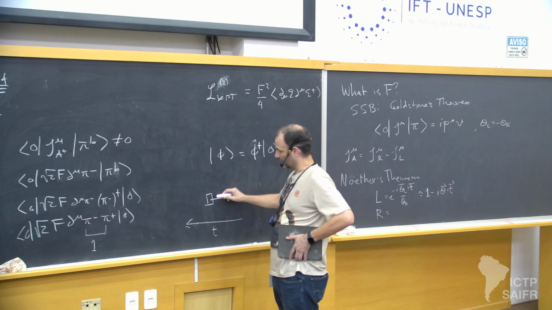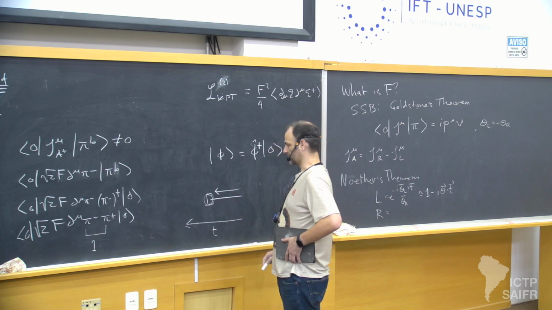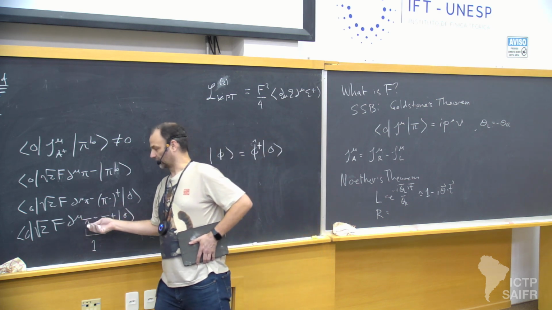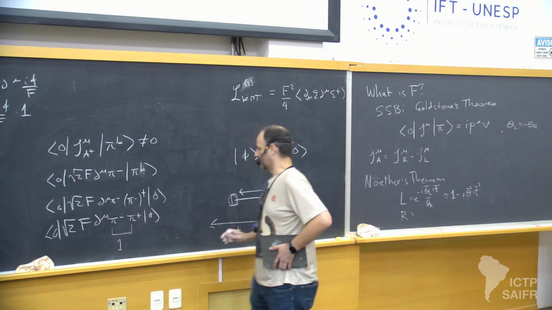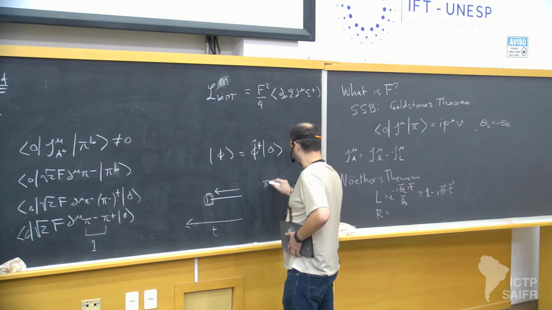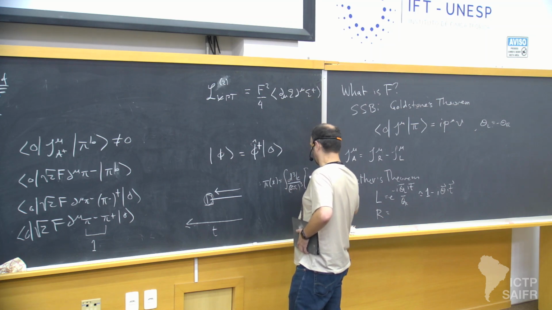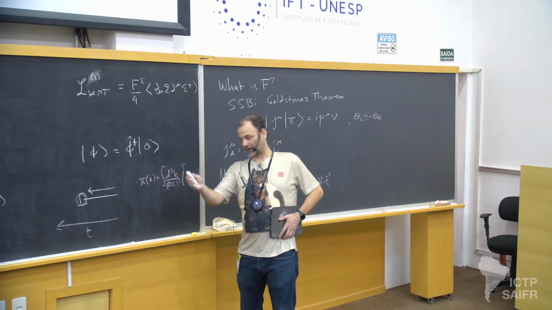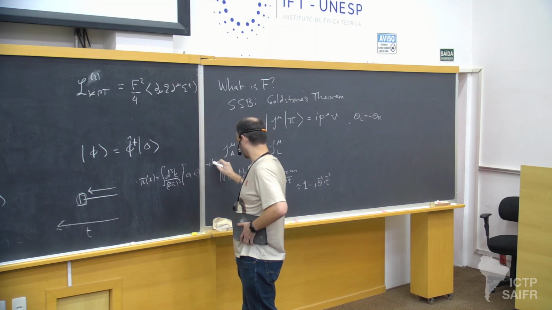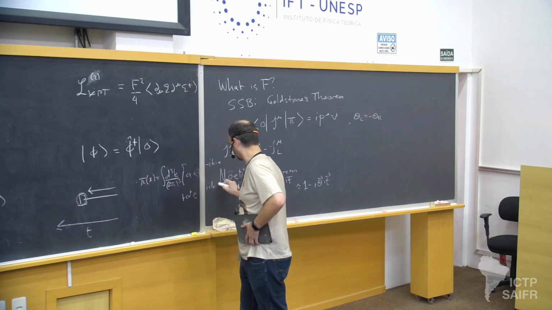So I have a field coming in. It hits this axial current. If it's an incoming field, what does that mean? If I'm having this derivative act on an incoming field, and I'm only thinking about using the annihilation operators in my field content, if you remember the Fourier decomposition, if I have some pi of x, I write that as the integral d^3k over (2 pi)^3, and then you have the annihilation operator, and in the mostly minus metric in Minkowski space, which is what I work in, you have e to the minus i k dot x, and then plus the creation operator with e to the plus i k dot x.